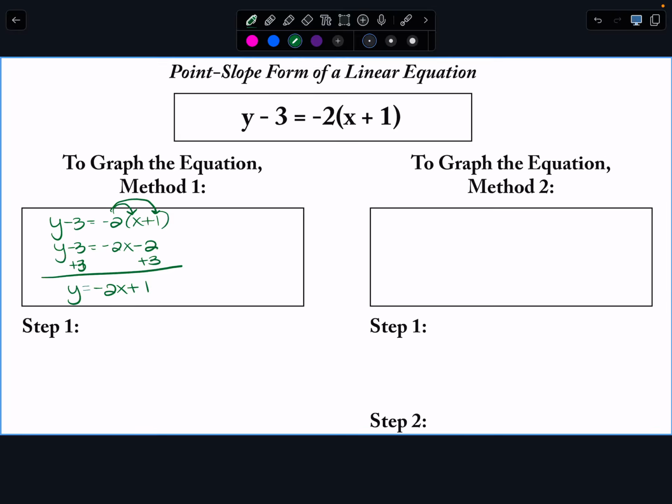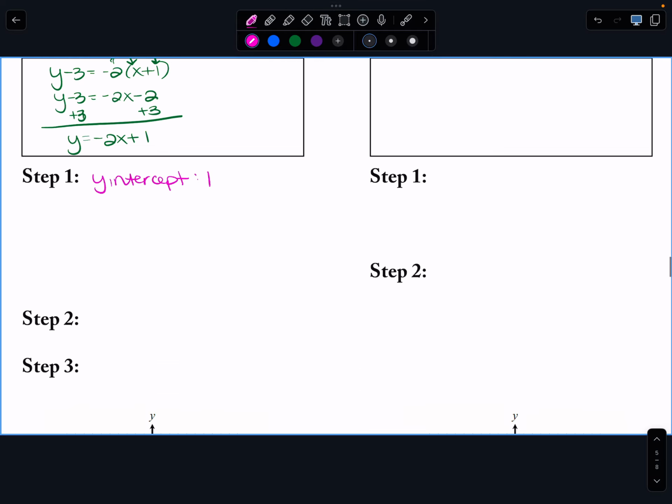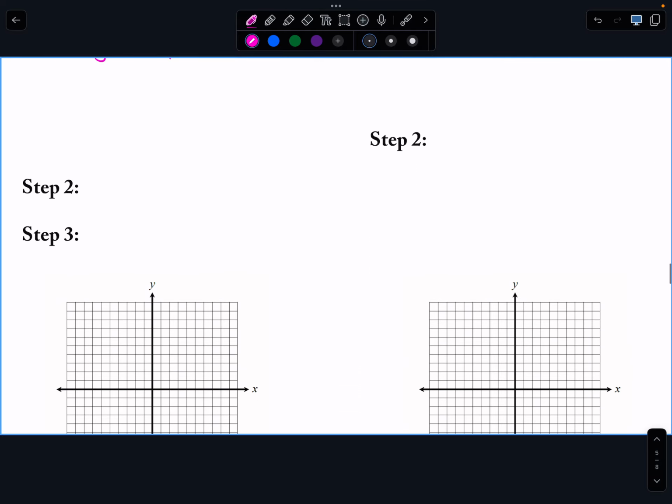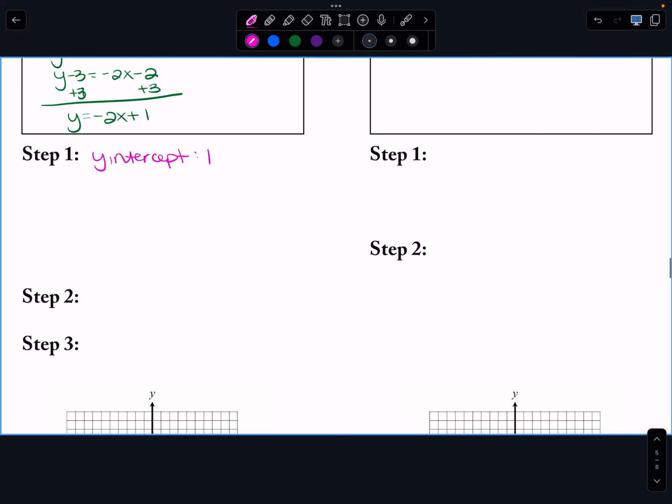And now I graph, just like I did slope-intercept form. My y-intercept is 1. So I'm going to plot 1 on my y-axis. And then I'm going to do my slope, which is down 2 to the right 1.